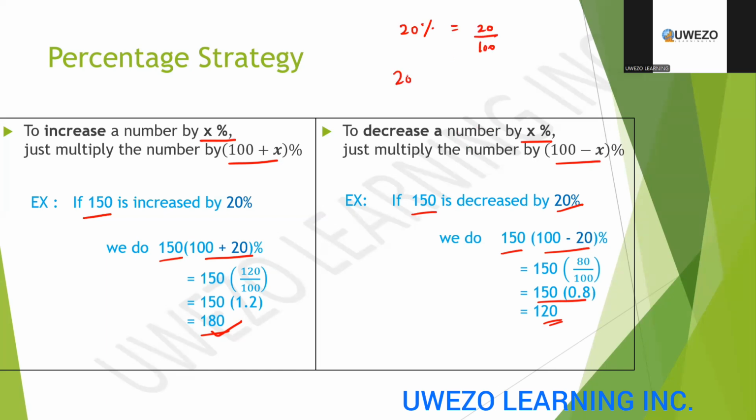But if we have 20% increase, then that would be 120%. And similarly, if we have 20% decrease, so subtracting 20 from 100, we get 80%. So applying this strategy makes solving easy for us in the SAT exam.